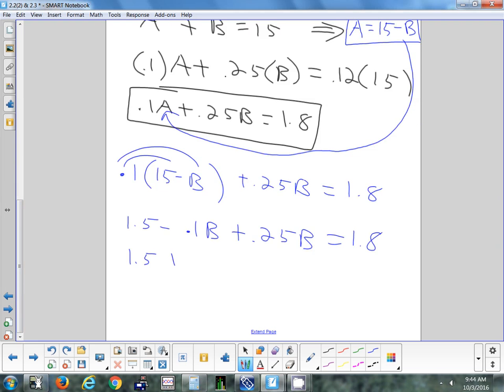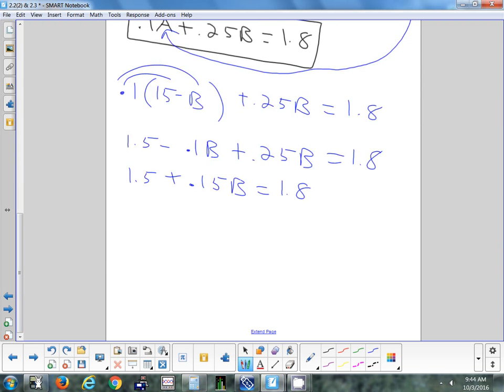Okay, what's that going to be? 0.15. Negative or positive? Oh, positive. Positive. Yep. Think of it like 25 take away 10. You want to think of it with integers. Okay, so 0.15B plus 1.5 equals 1.8.